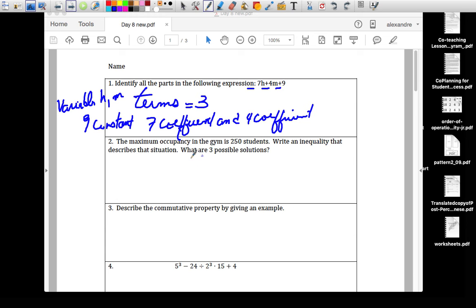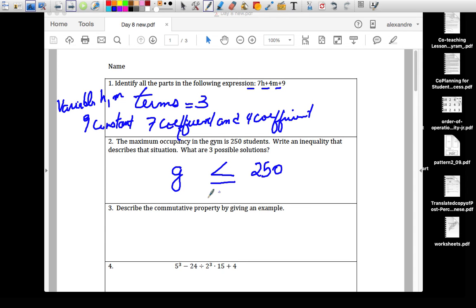So here, what do we call gym? A variable for gym, and we're comparing the gym to the number 250. What's the relationship between the gym and the number 250? Well, the number of people in the gym has to be less than 250, because anything above that would not work. And could it be 250?